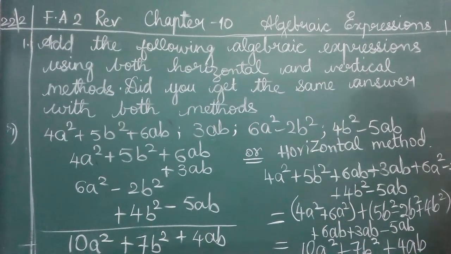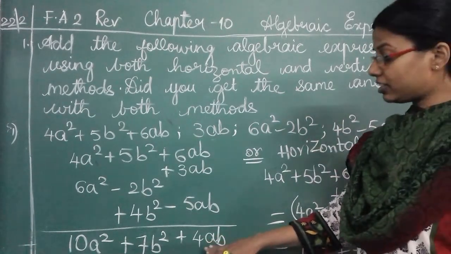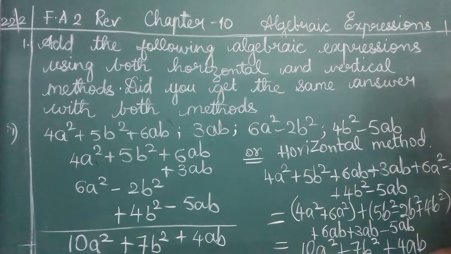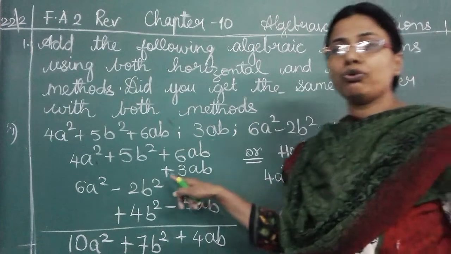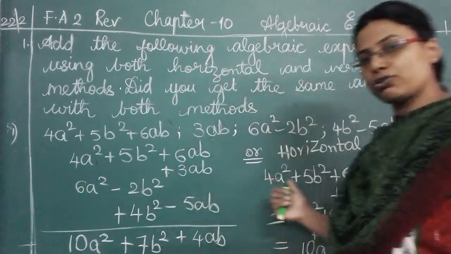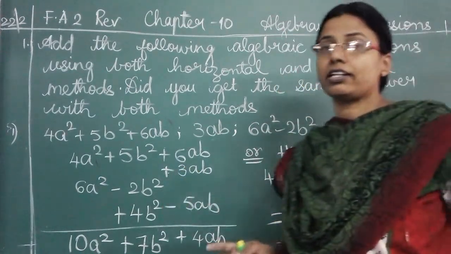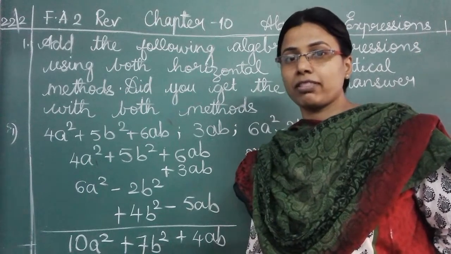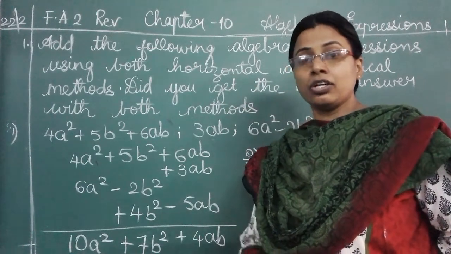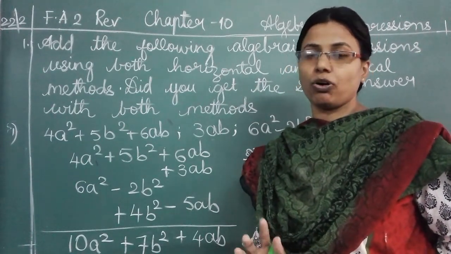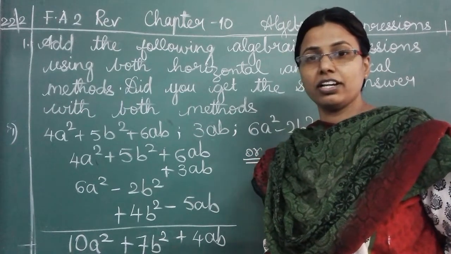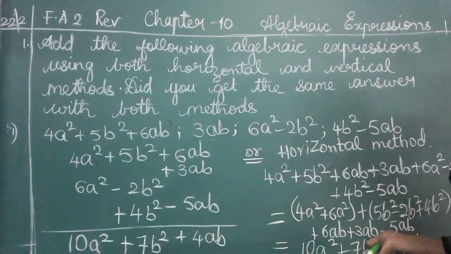So you can see clearly that the two answers are same. The solution is same. So whether you use the vertical method or you use the horizontal method, the result is same. Whichever method you feel it is easy, you use that particular method only. Understood, children? Copy in your homework book.